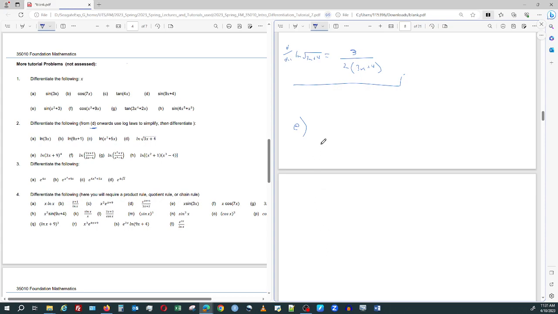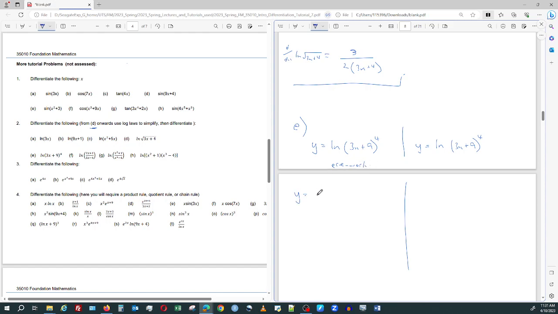So if I make this y equals the ln of 3x plus 9 to the power 4, if I don't invoke a log law here, it's going to be more complicated. If I don't invoke a log law, we'll get the same result, but I'm just going to show you. The log law pre-work would allow us to move the 4.